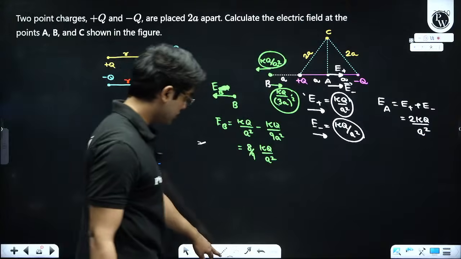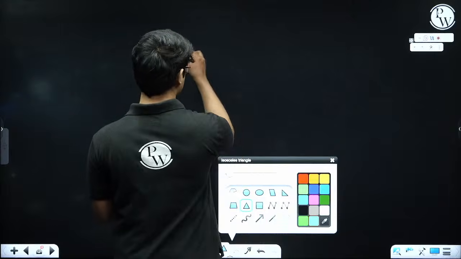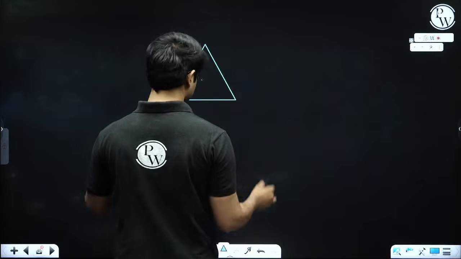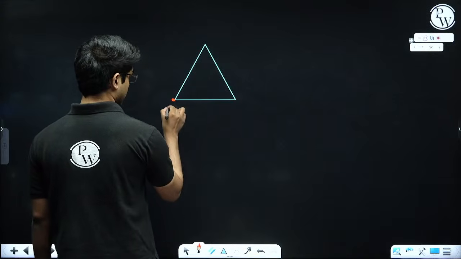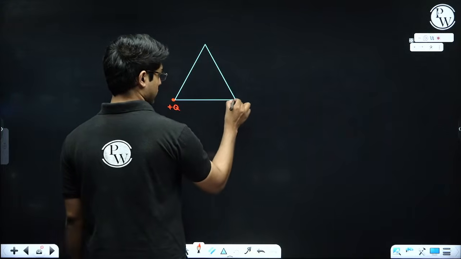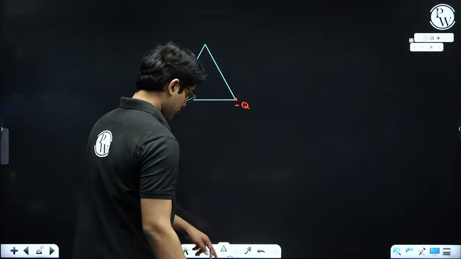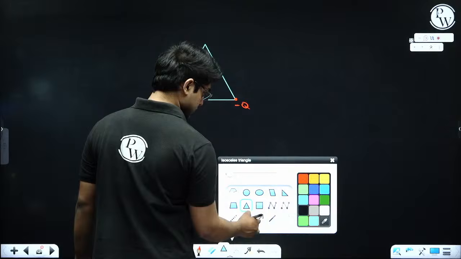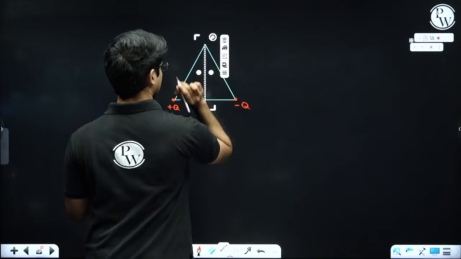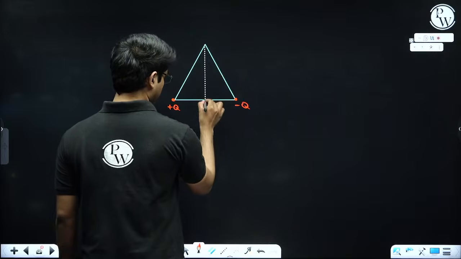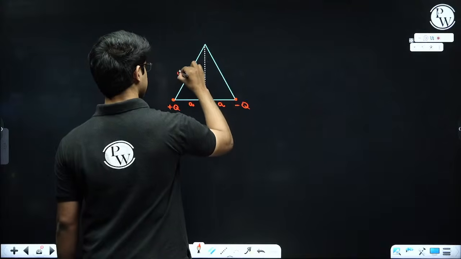Same logic, but here it will be slightly different, slightly more complicated. Okay, these distances are given.